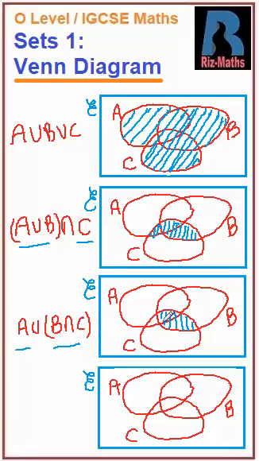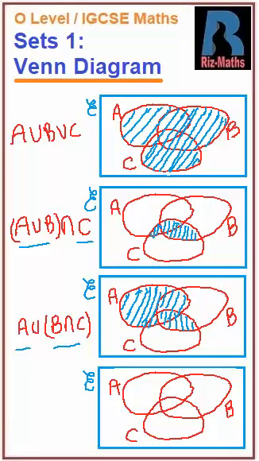So B intersection C is already shown, which is the common part of B and C. And now we'll shade the set A, which is this entire circle of the set A. Some part of that is already shaded and some part is not, so we have shaded it now. So this is the answer: the entire circle A and the leftover common part of B and C.